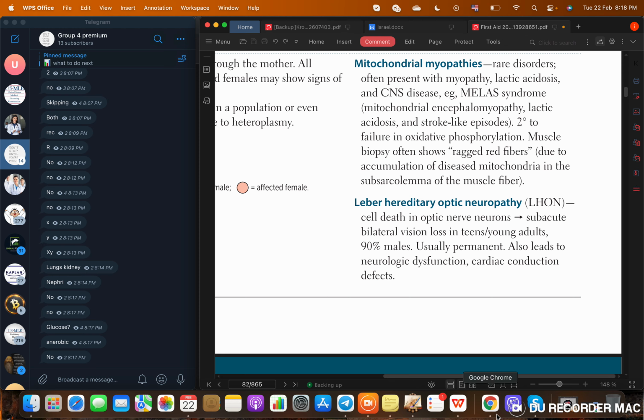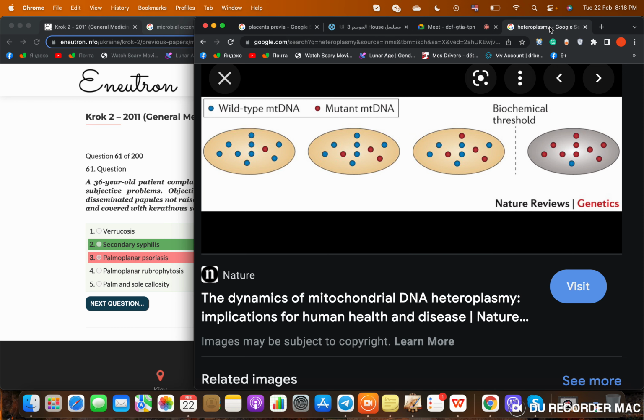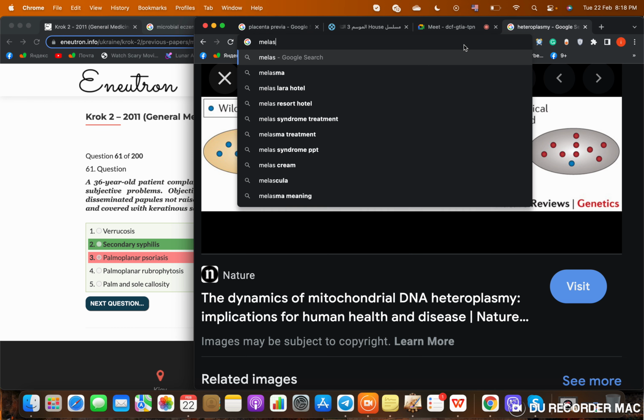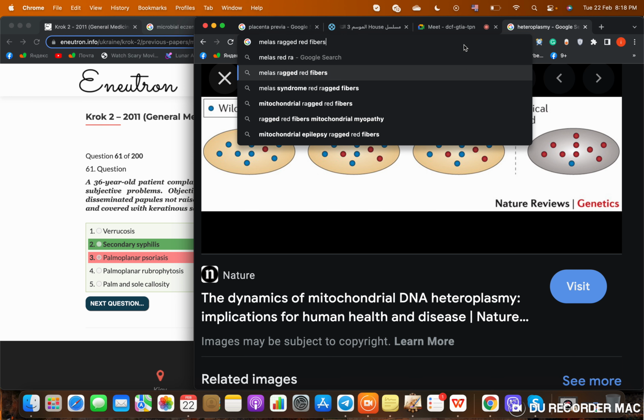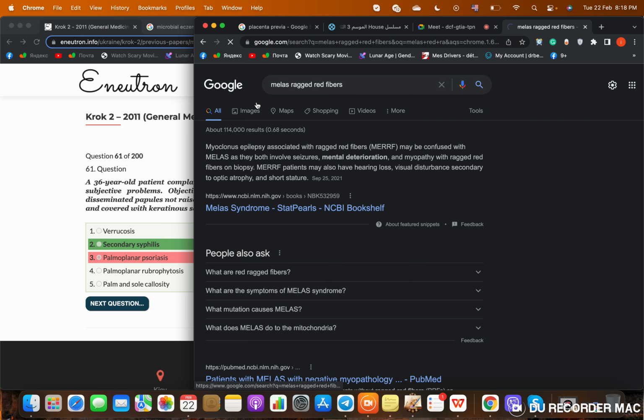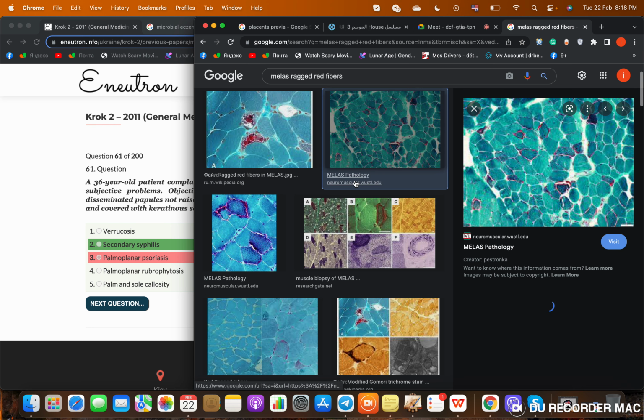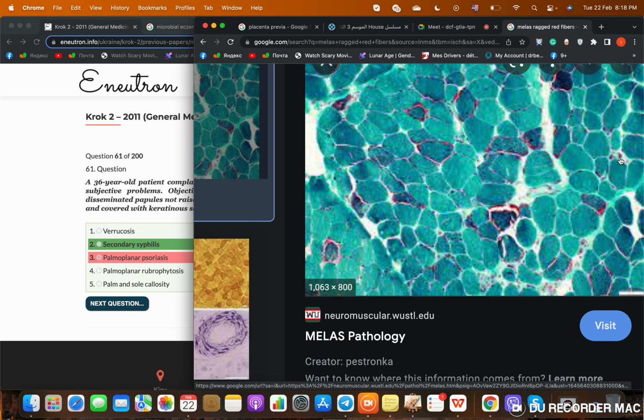Let me show you actually how the red ragged fibers look like. Yes, this one. Take a look. Notice that it is like near the cytoplasm of the muscle cell.